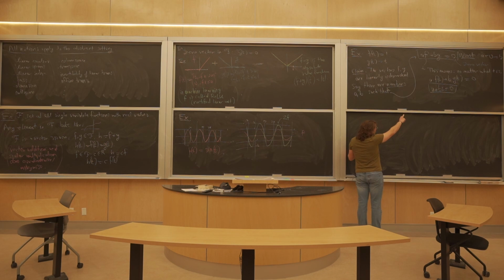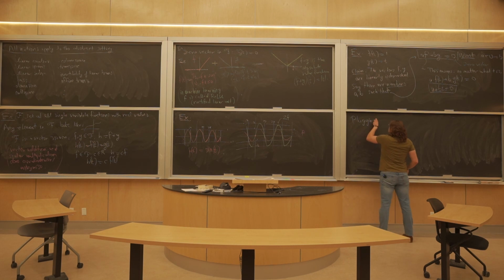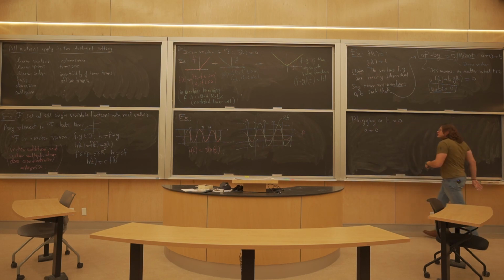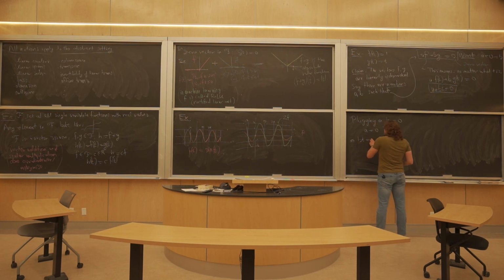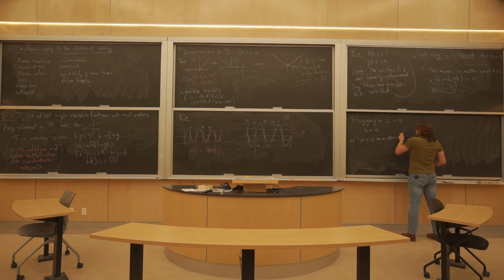So that equation holds no matter what t is. Plugging in, for instance, t equals 0, the equation tells me that a has to be 0. Okay? So really that equation says this: b times t equals 0 no matter what t is.